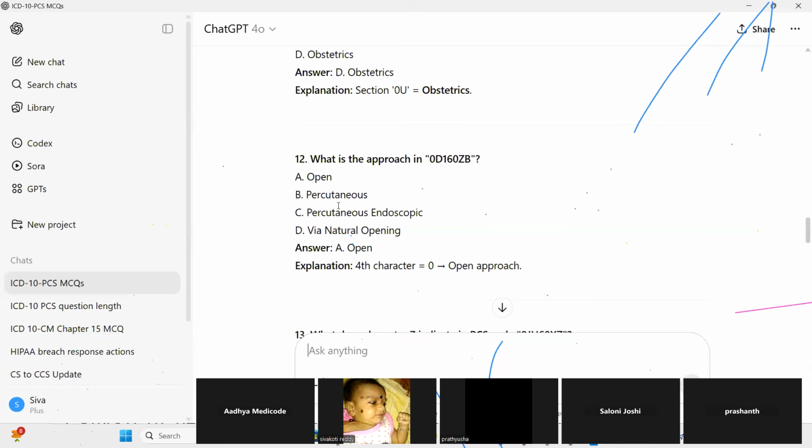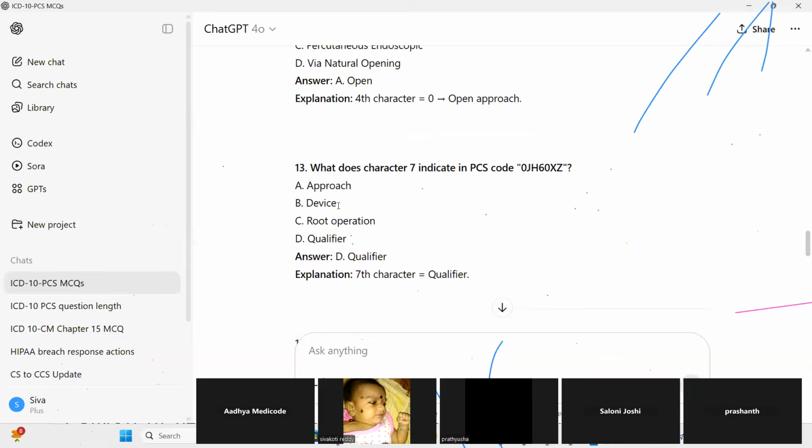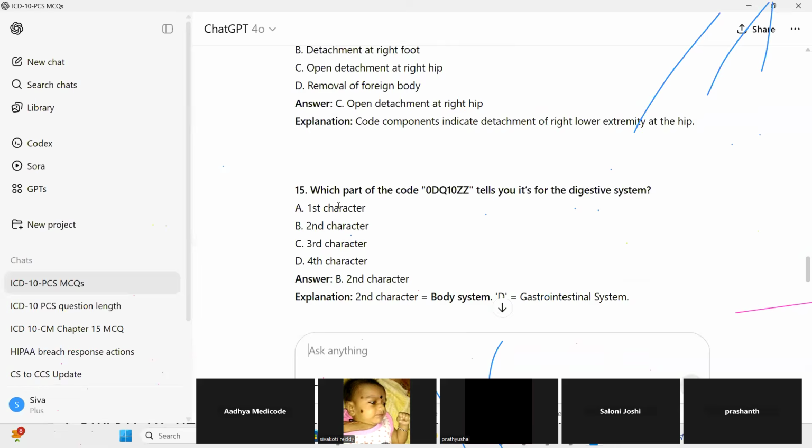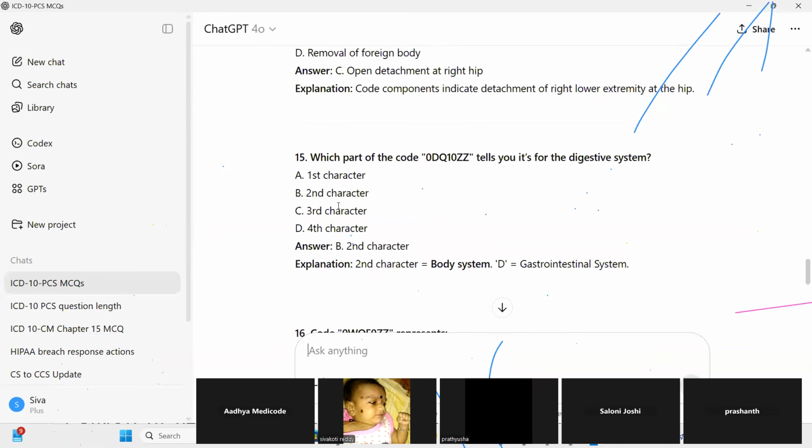Which part of the code tells you it is the digestive system?